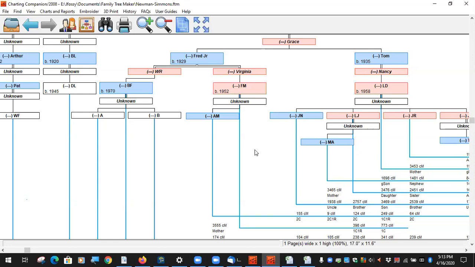Maybe some of her kids could test, that could help, but there are some first cousins on her mother's side, so that can help rule out matches. So I know, okay, these are definitely on her unknown father's side.